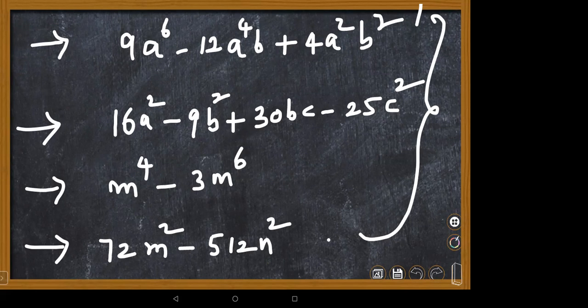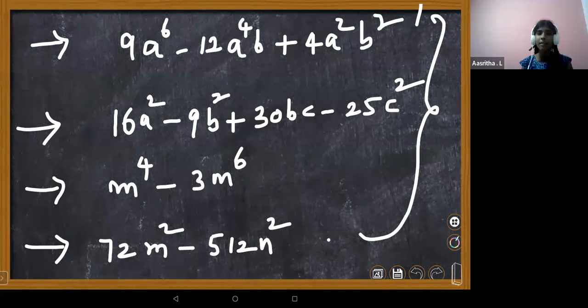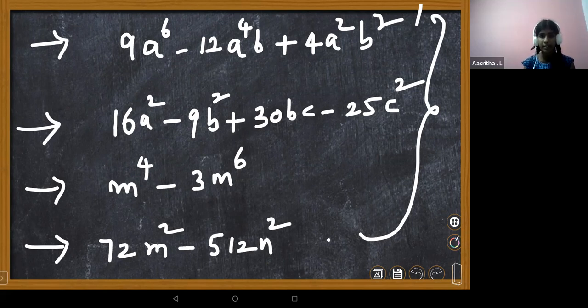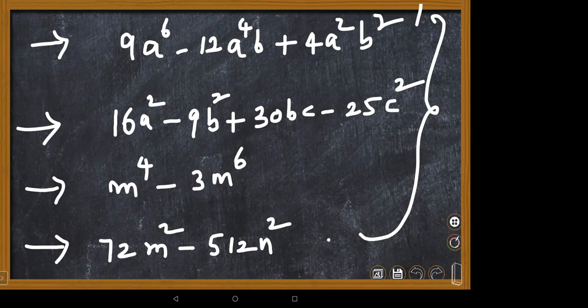No, 16a square can be written as 4a whole square. If I'm taking minus as common, you have to take the last three. Take minus common first, then the last three as a group. Okay, ma'am, I understand. Then you will get a minus b whole square identity. You can do it easily.